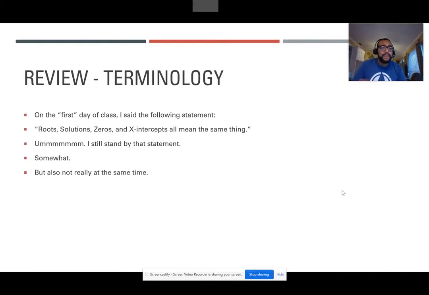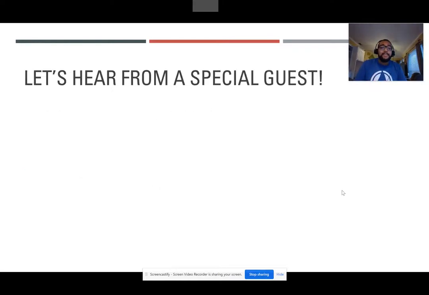Again, the statement being roots, solutions, zeros, and x-intercepts, those four words all mean the same thing. The reason I bring it up is because this is where it comes in handy, and it's important to make that distinction. Yes, it may sound kind of nitpicky, but it's really important that you understand there is a distinction between those four.